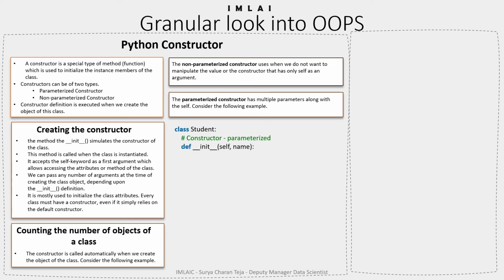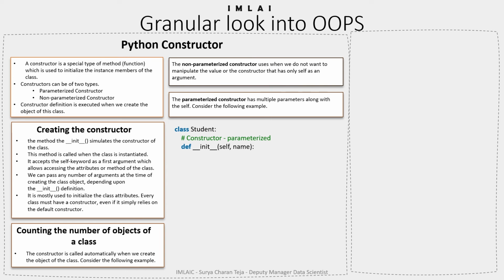So the first parameter inside, if you remember, I have explained this in the functions module. The names that we send into a function when we create a function are called parameters, and the names that we send into a function when we call that function are called arguments.